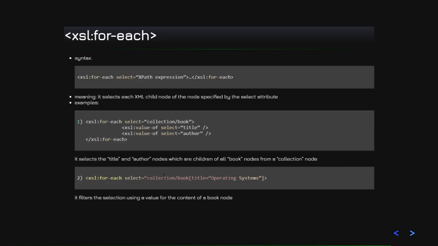Here it's a more sophisticated selection, a more sophisticated XPath expression, where we select all the books from the collection, and those books should have the title child equal to operating system. Okay, so it's a filter on all the books from the collection. It selects only the books that have a title equal to operating system.